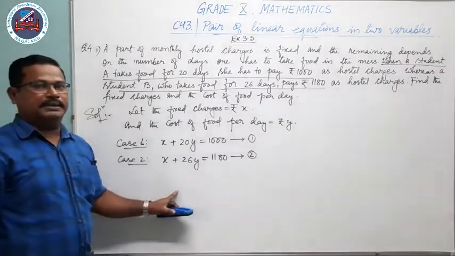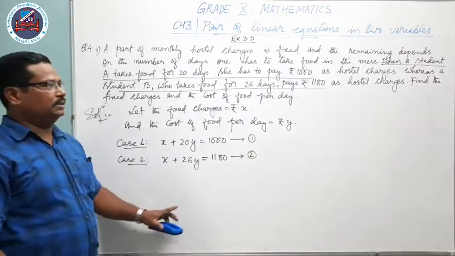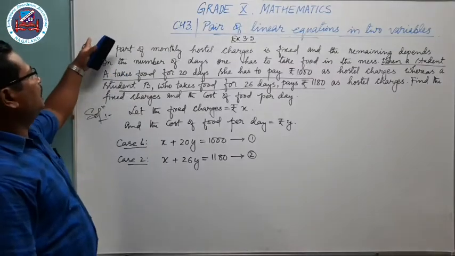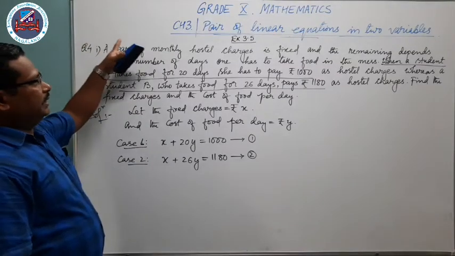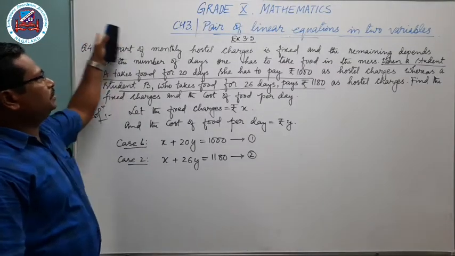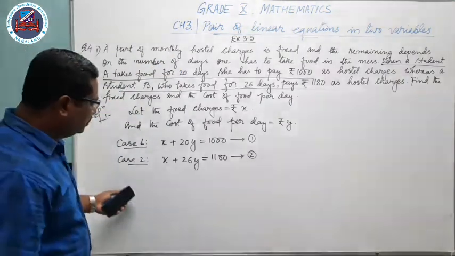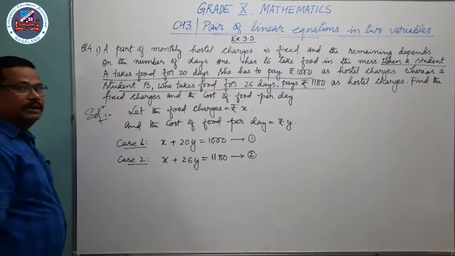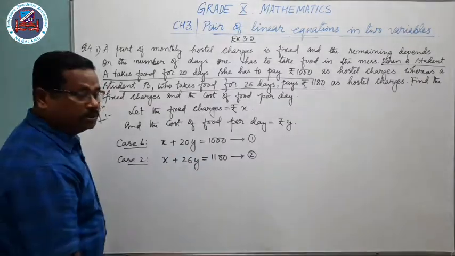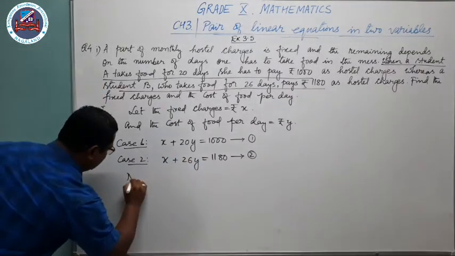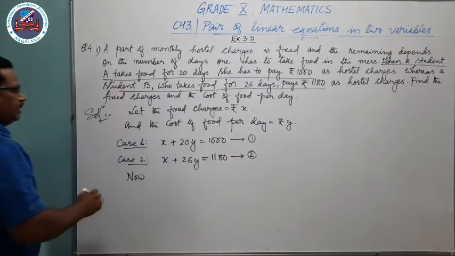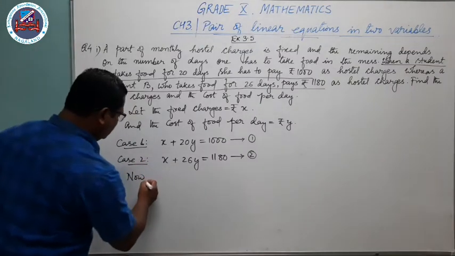And as I said earlier, the elimination method is the easiest method if nothing is mentioned in the question. Here in this exercise they have mentioned to do it with the cross multiplication method, but as you are not going to do that, we'll do it by the elimination method, or the substitution method also you can do. But as I said, the elimination method is the easiest.